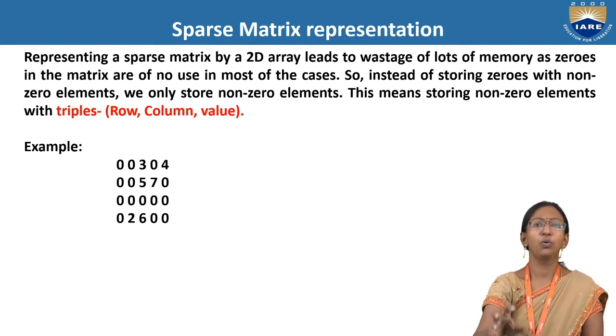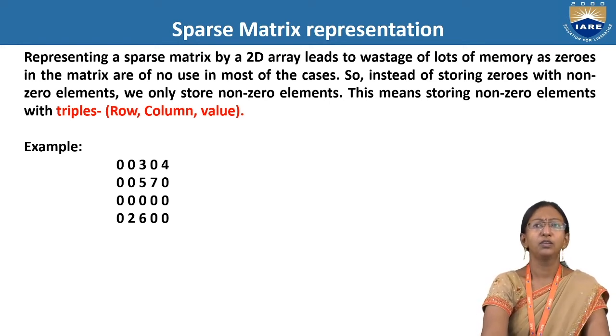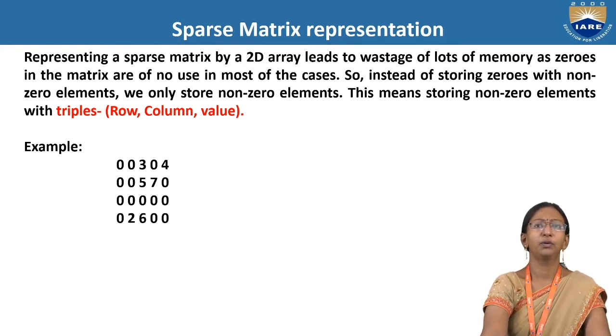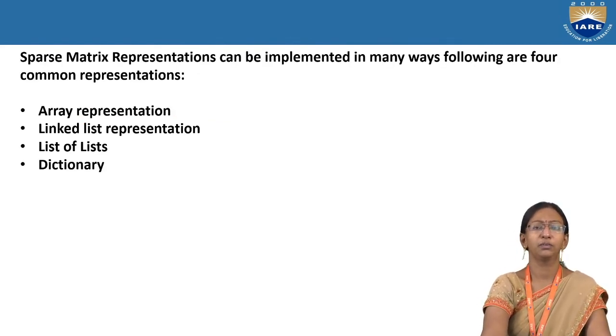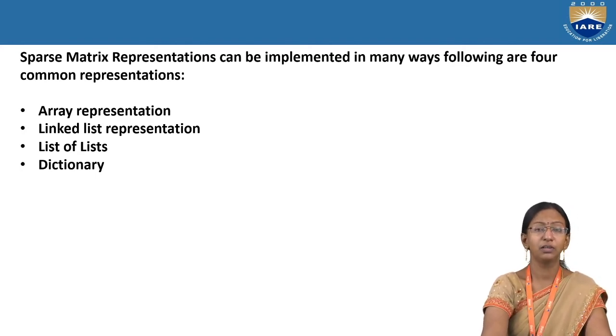Have a look at the whole matrix, more than 50% of its data is zero. To convert this into a sparse matrix, we can use 4 different methods: array representation, linked list representation, list of lists, and dictionary. Let's have a look at all these 4 methods.